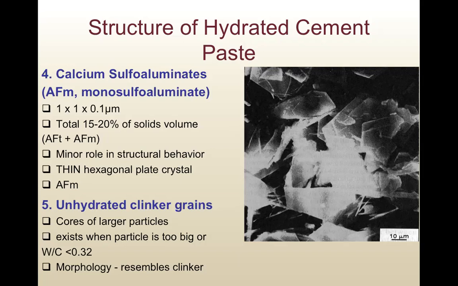As a result, if the particle size is too large, the inside core may not be fully hydrated. The strength of cement clinker grain is actually very strong, comparable to CSH. So if we have unhydrated cement clinker, that's not a bad thing. That's a good thing because clinker grain is very strong also.